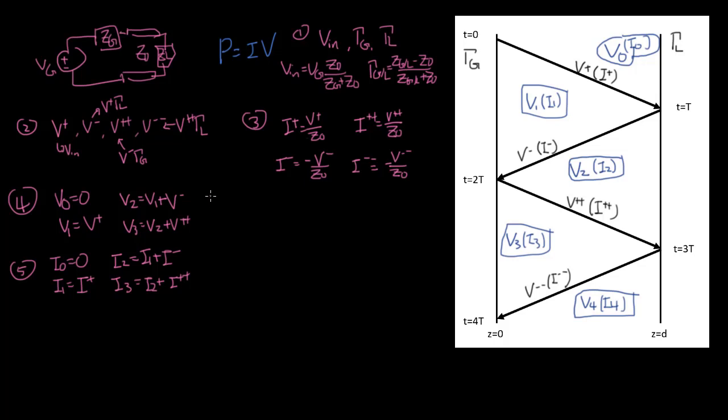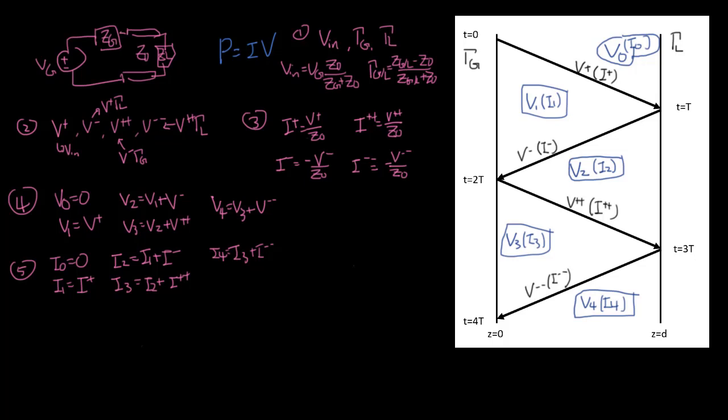Then one more: V4 is equal to V3 plus, once you cross over that threshold, your elevation changes by V minus minus. And I4 is equal to I3 plus I minus minus. These are all values that you just have to add up and track as you go along.